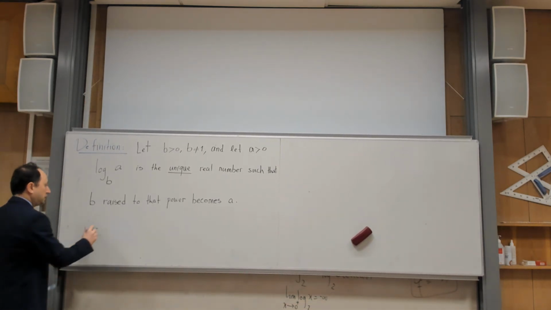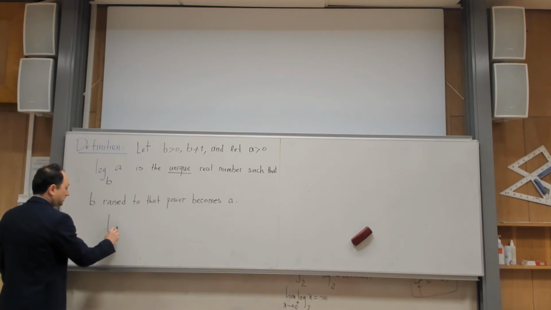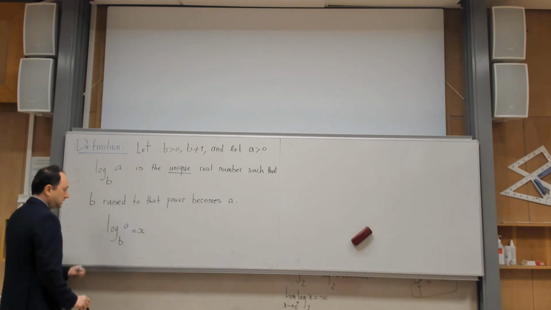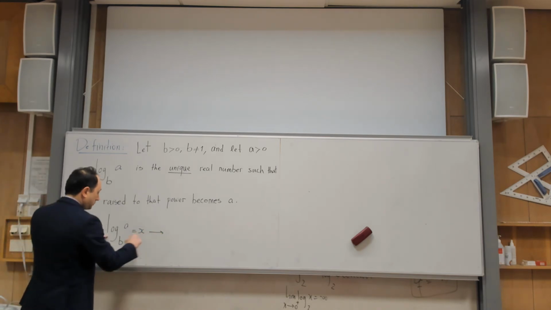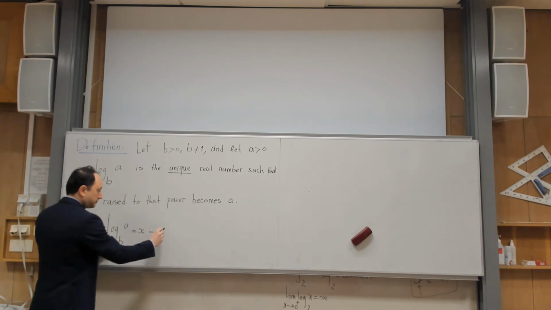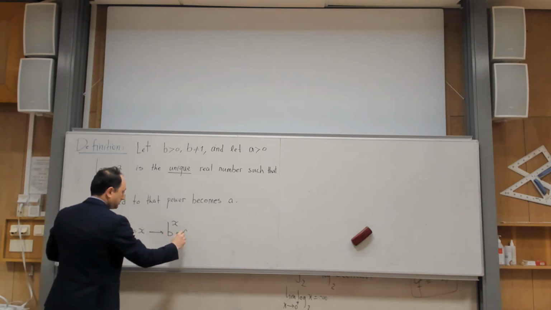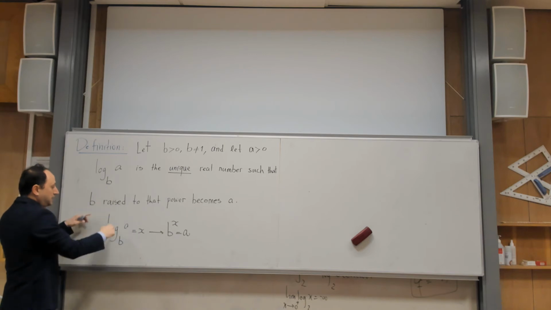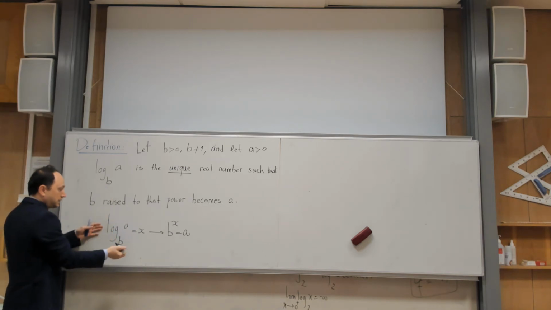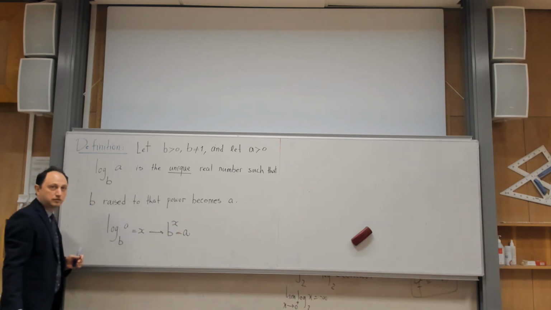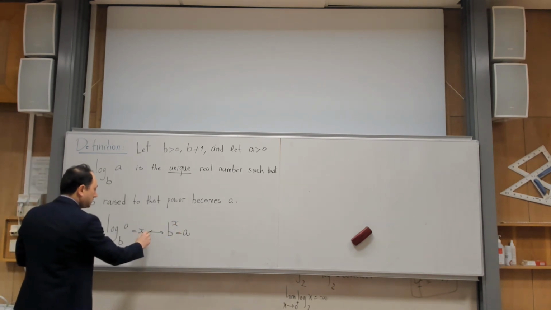So in principle, when I say logarithm of A in base B is a number, I call it x, it means that when I raise B to power x, it becomes A. I told you that logarithm of A in base B is the unique number so that when B is raised to that power, the answer becomes A. So this is the definition of logarithm.